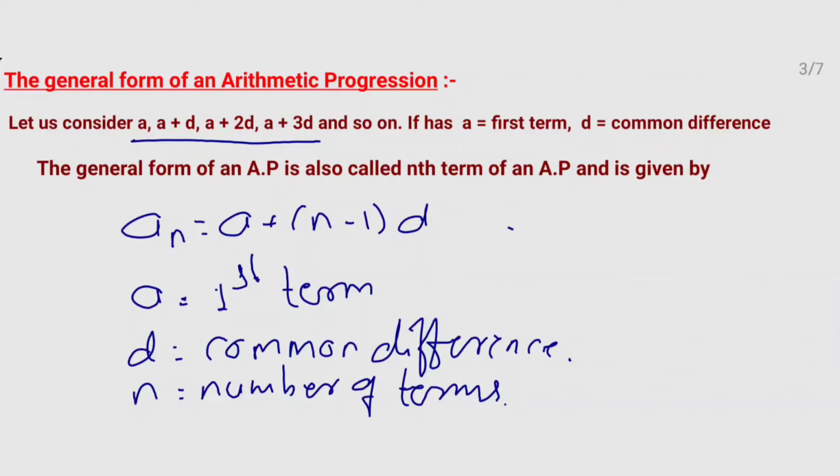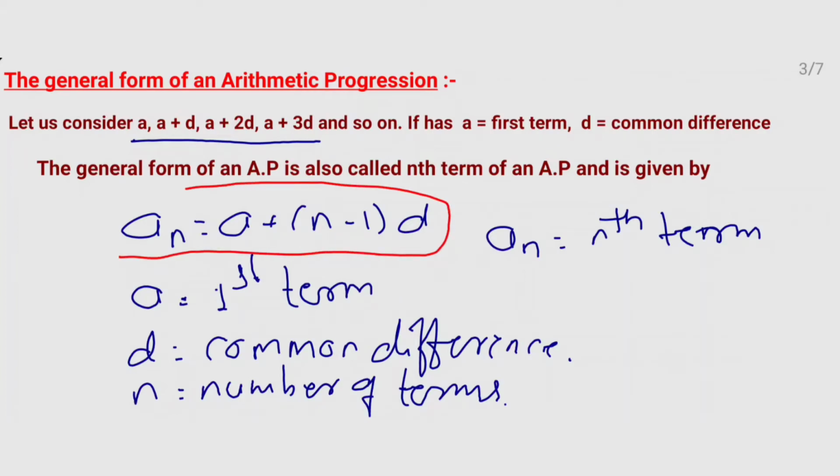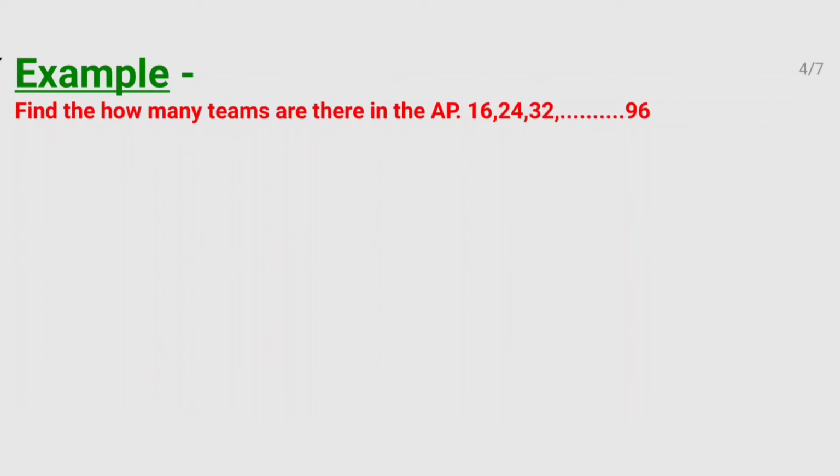And here an is the nth term. Is it clear? And this one is also called the formula for the nth term of an AP. So using this formula we can find the nth term. So take one example here.